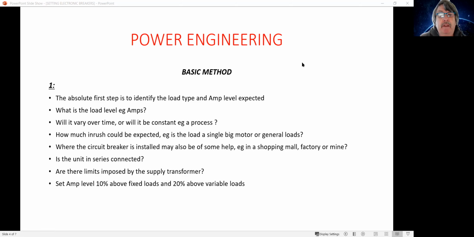Obviously, any circuit breaker that feeds a single motor might have fairly substantial dealings with motor inrushes, or the type of load that is a single feed system. There's generally a very specific type of inrush capability, or generic loads, general loads like a shopping complex where things are switched on and off all day.